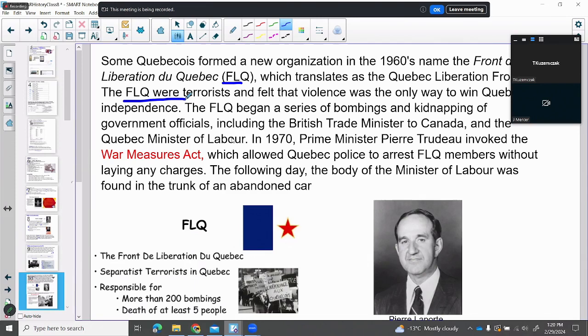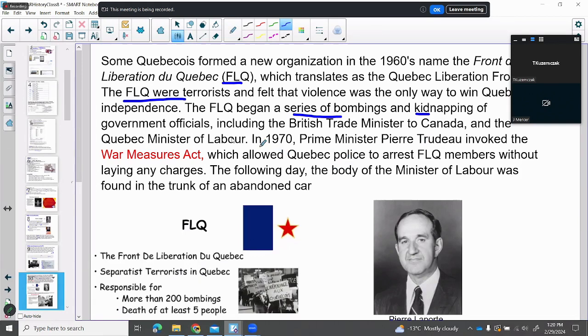So let's see what they did here. The FLQ began a series of bombings and kidnappings of government officials, including the British Trade Minister of Canada and the Quebec Minister of Labour. So that's how the FLQ was different from Lesage's Quiet Revolution.